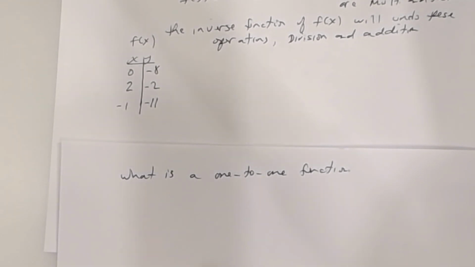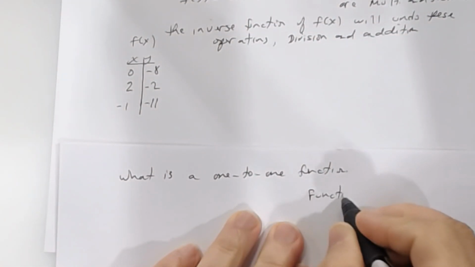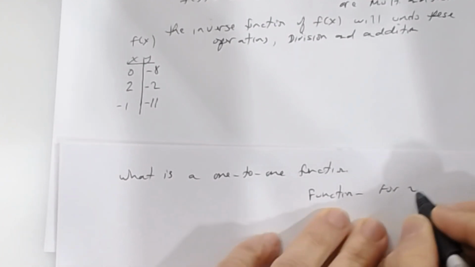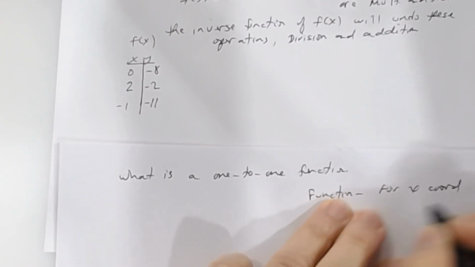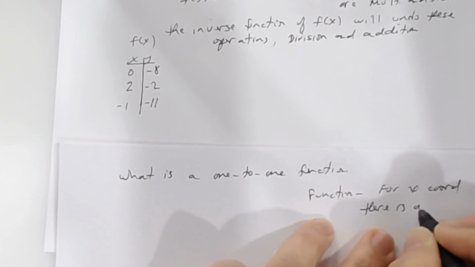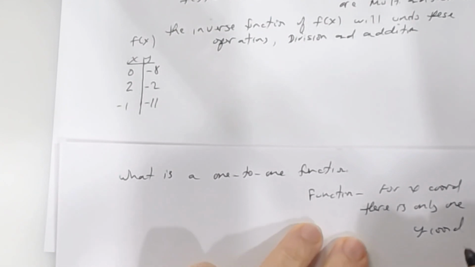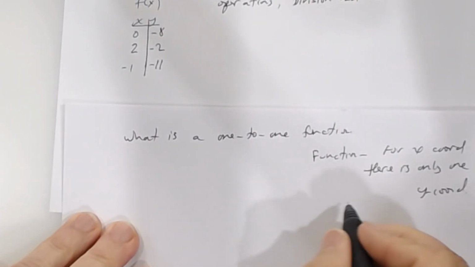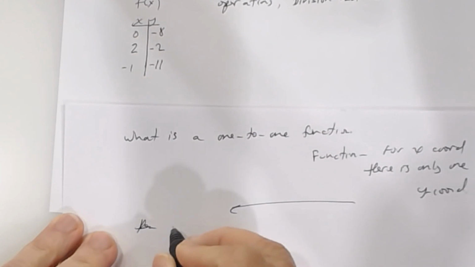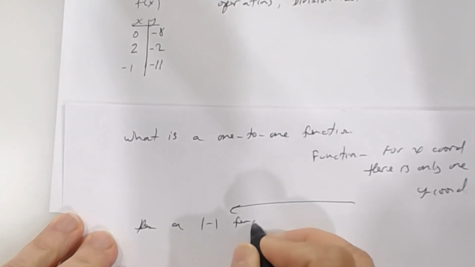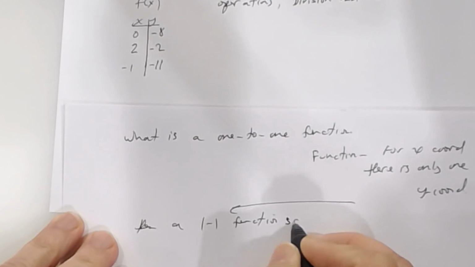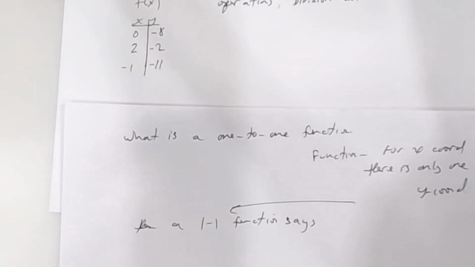So if a function, for each x coordinate, there is only one y coordinate, then a one-to-one function says what? For each y coordinate, there is only one x coordinate.